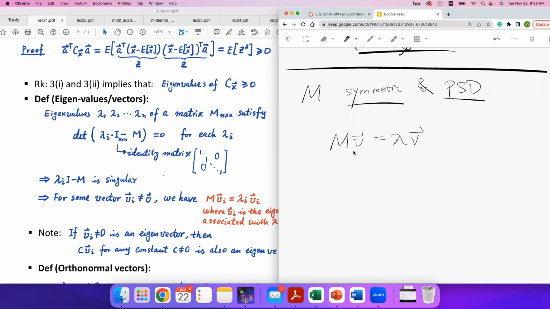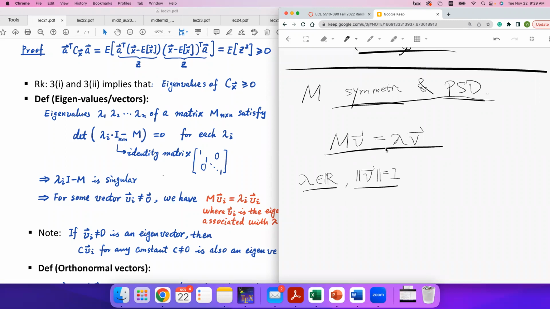If we can find a scalar lambda and a vector v with unit norm, a normalized vector, that satisfies this equation, then we call such a v the eigenvector and lambda the eigenvalue associated with this matrix M, this symmetric and positive semi-definite matrix.